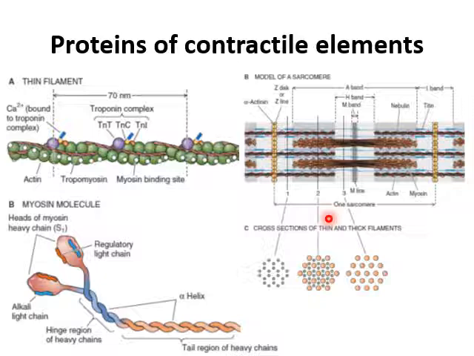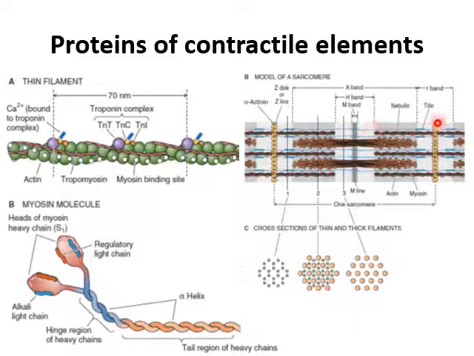The other important proteins associated with contractile elements are: number one, actinin, which helps in binding the actin filament to the Z line. The other protein is titin.